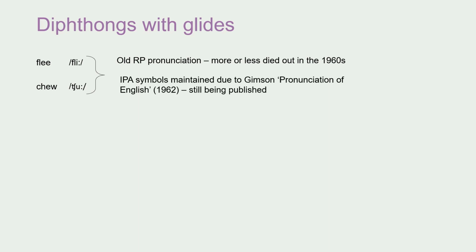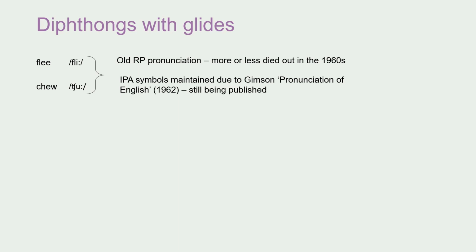And the reason for that is mainly due to an author called Gimson, who wrote Pronunciation of English, a guide to pronouncing English, in 1962, just at the time that this accent itself was on its deathbed.